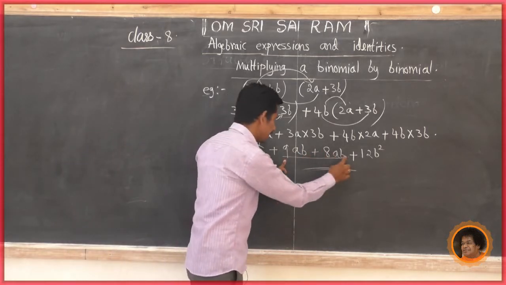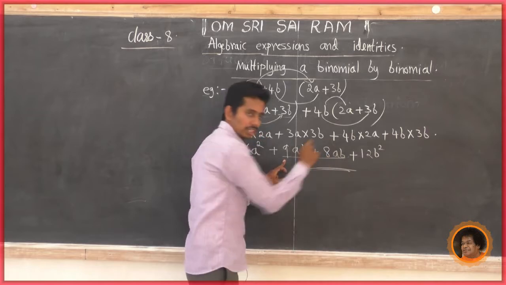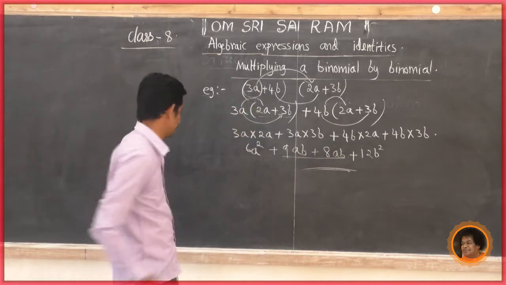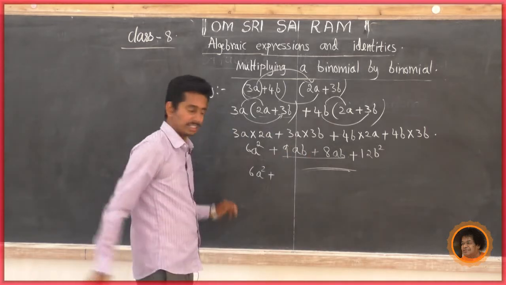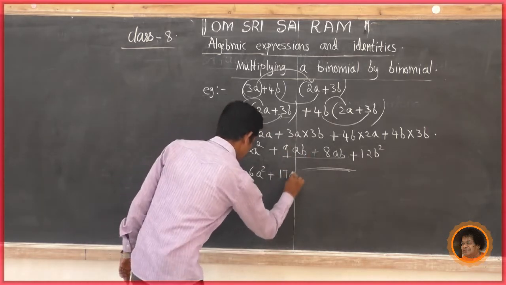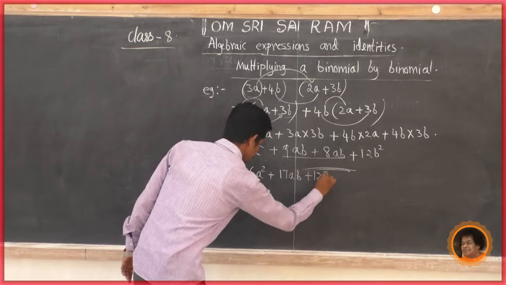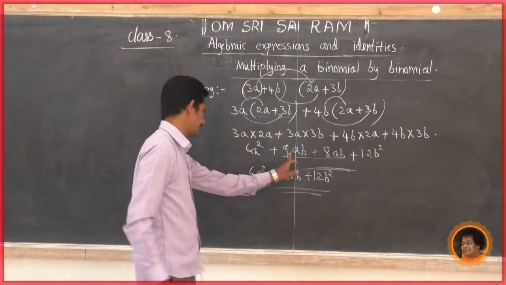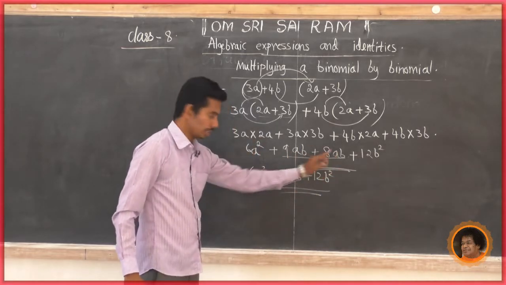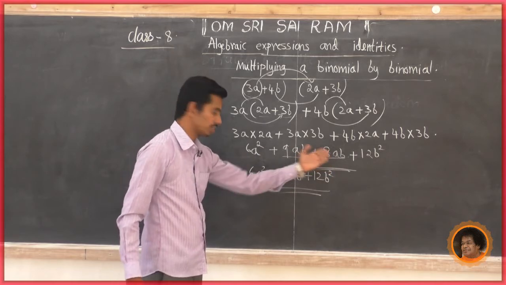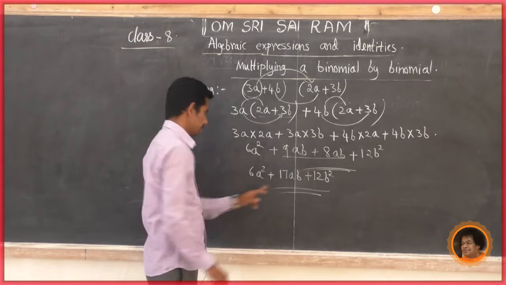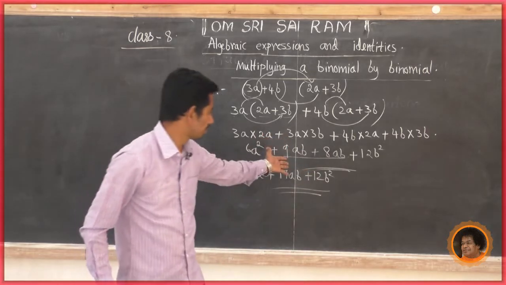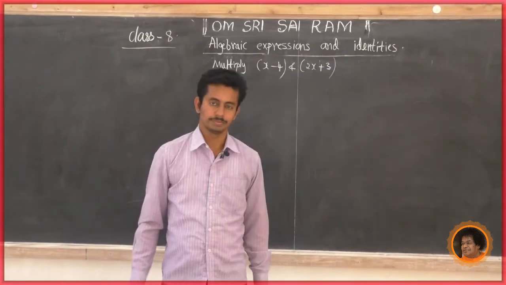If we add these two, write 6a squared as it is, 9 plus 8 is 17, so 17ab plus 12b squared. This is the answer for this question.